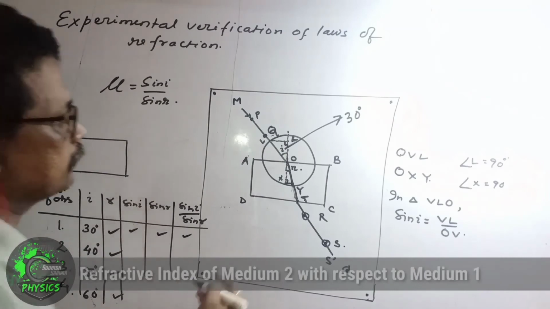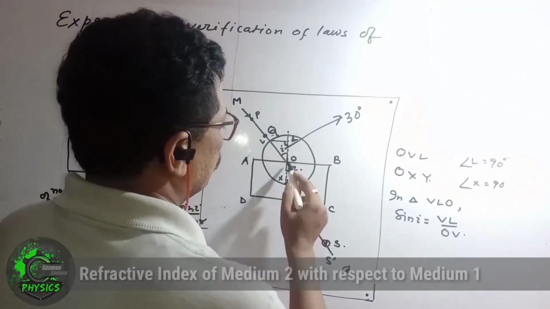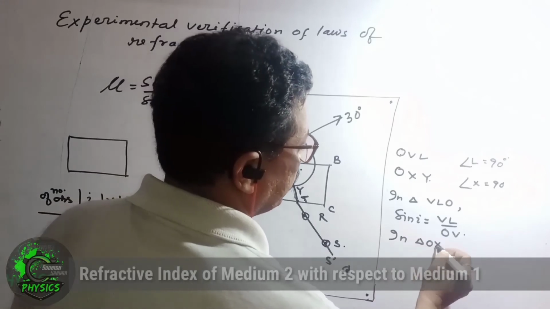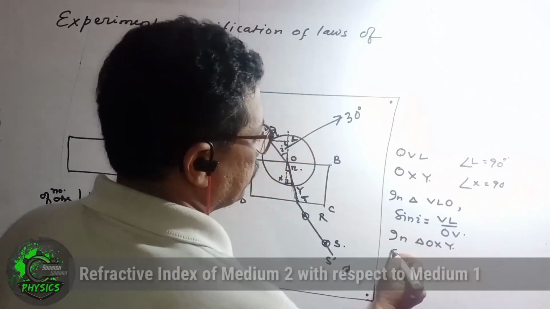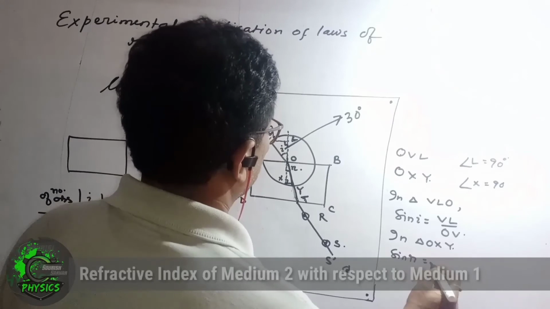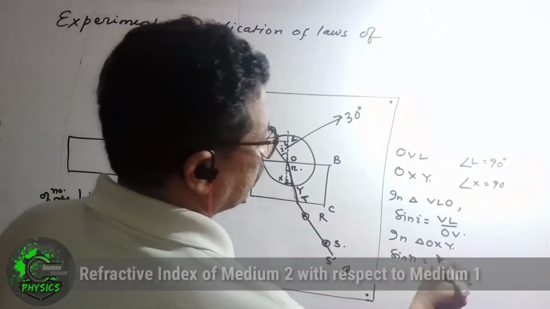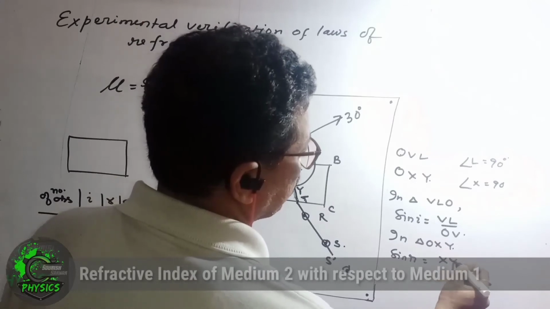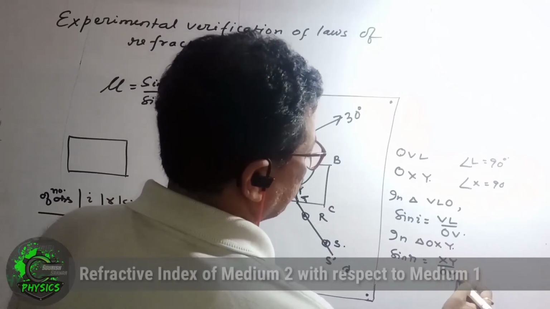And if you consider the triangle OXY, we will be getting sin R equals XY divided by OY.